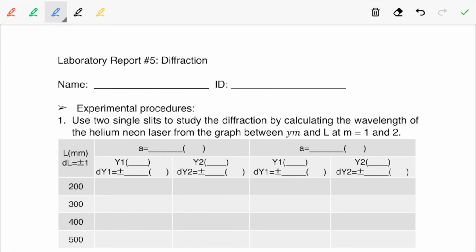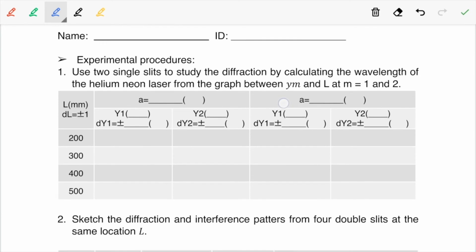Okay, your name, your ID, and we have three parts. Part 1, use 2 single slits, study the diffraction by calculating the wavelength of the helium neon laser. Then plot the graph. The graph is between YM and L, with m equal to 1 and 2.